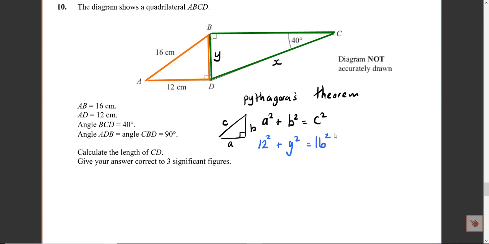Yeah, good question. How? Well, Pythagoras' theorem states that the squares of the two shorter sides add up to make the square on the hypotenuse. Okay, C is the hypotenuse. So, y is 4, so the hypotenuse here is 16.